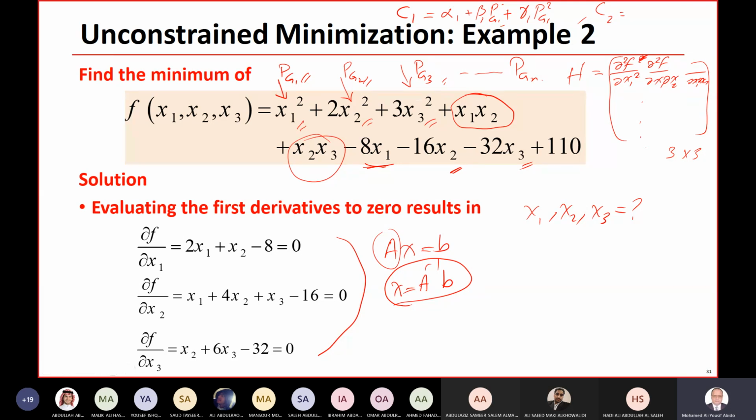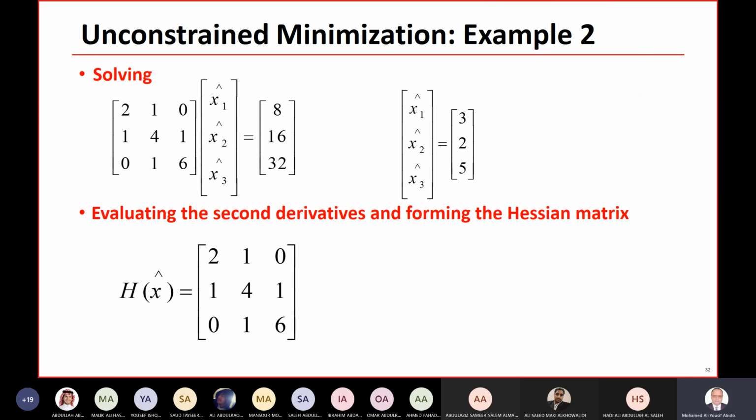So let us solve this for X1, X2, and X3. The second step is to find whether this solution is a local minimum or local maximum. Now we need to minimize, so we have to get the Hessian matrix and the eigenvalues of the Hessian matrix, and these eigenvalues must be positive in order to say this is the minimum solution.